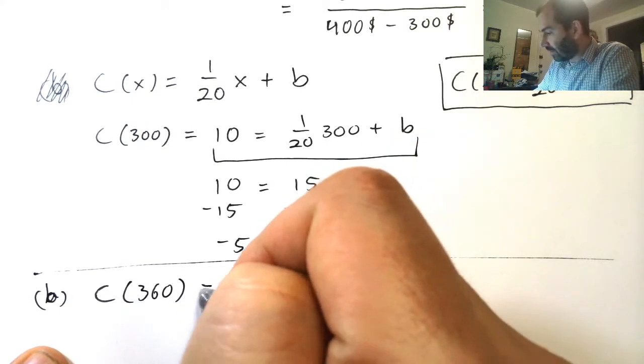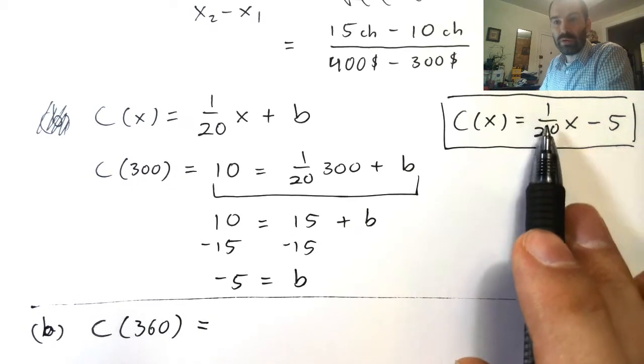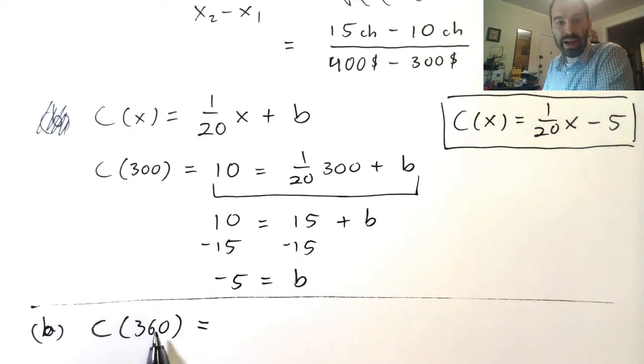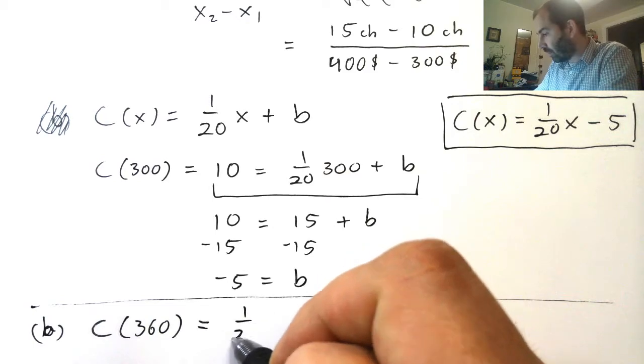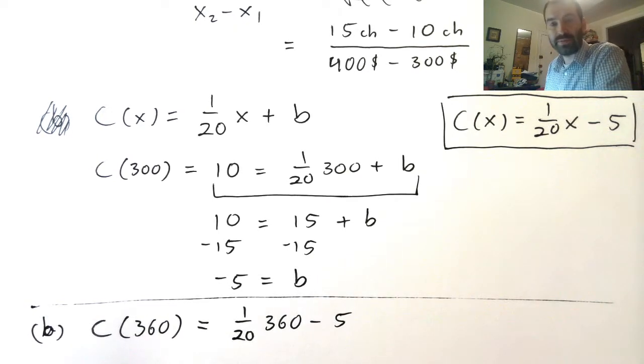The function is 1 over 20 x minus 5, and here x is 360, so it's 1 over 20 times 360 minus 5. Go ahead and simplify that on your own. Pause the video.